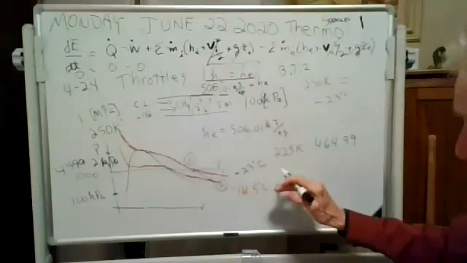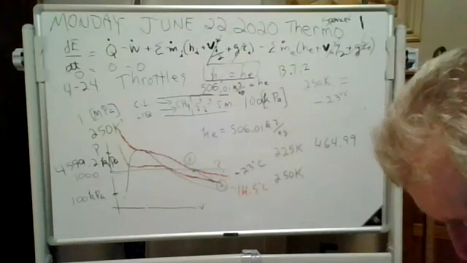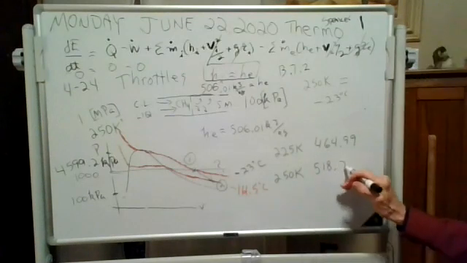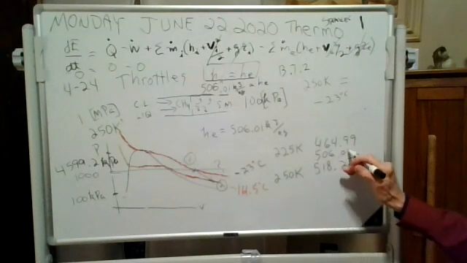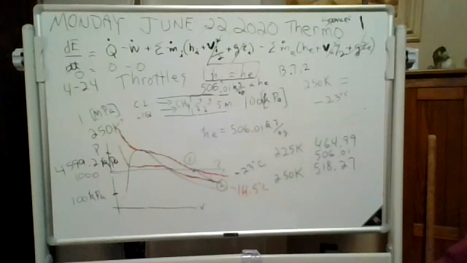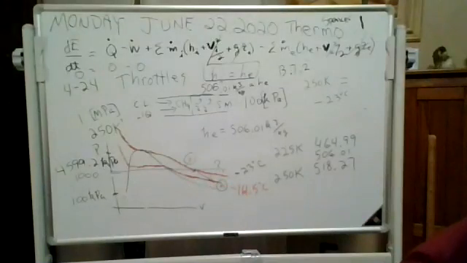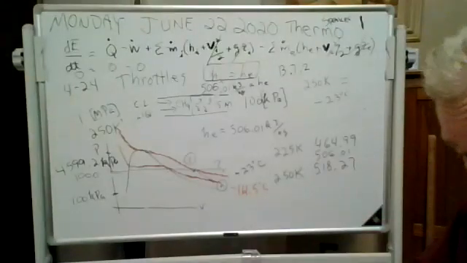And at 250 K, they have 518.27. See, what we want is 506.01. We're going to have to interpolate and get our answer, but it's out here. I think we did this correctly. It's in the superheated vapor. So that's good. And now we're going to get the temperature.